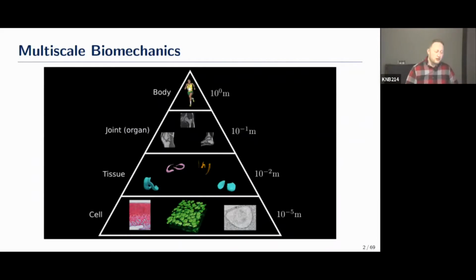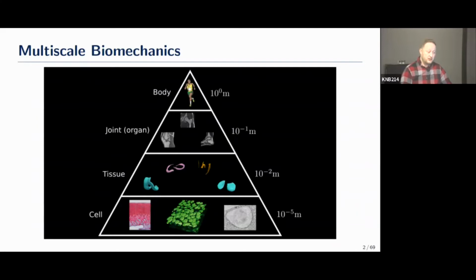That's at the scale of about a meter. That gets distributed to the joints in our musculoskeletal system and to the tissues that compose those joints, and then further down all the way to the cells that are within those tissues. If you look at that from a breadth of scale, you're going from the meter down to about tens of micrometers.